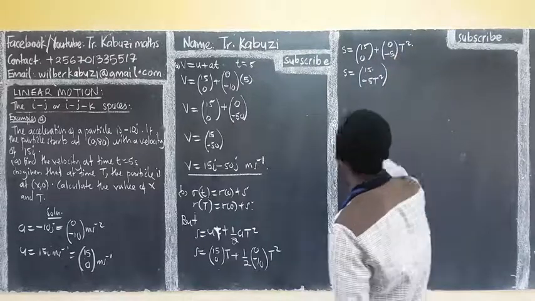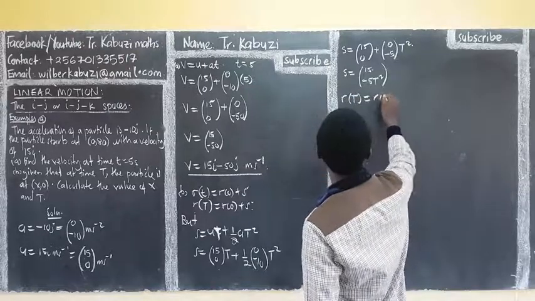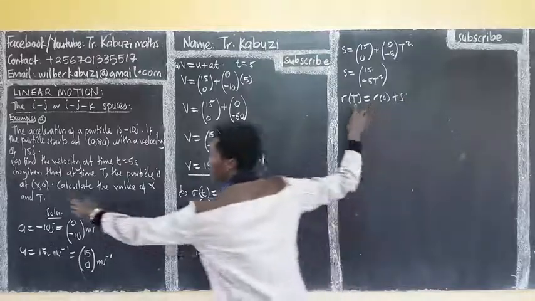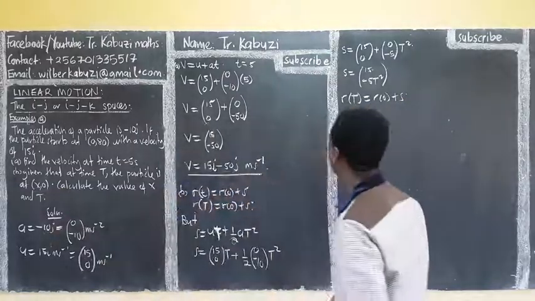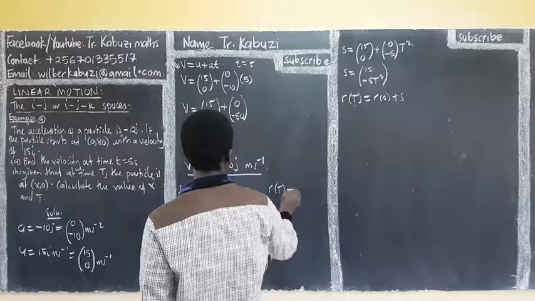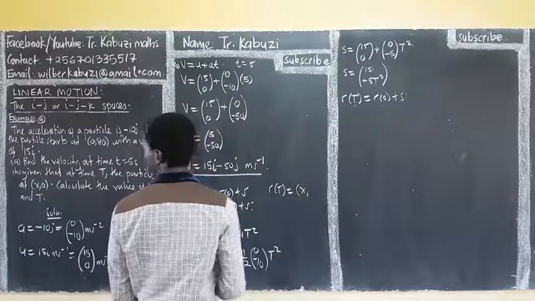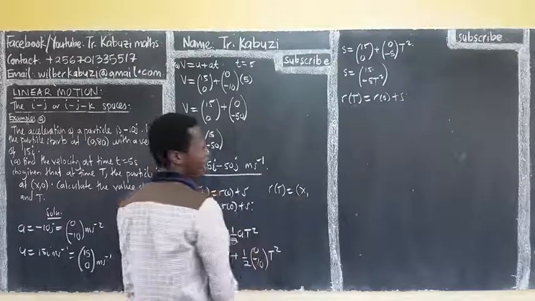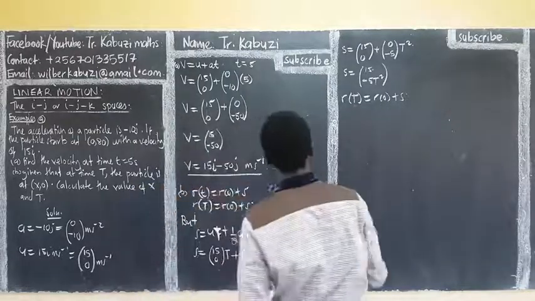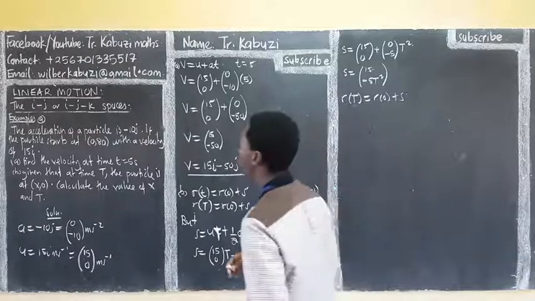So from there, my R capital T is going to be R0 plus S. At any time, they're telling me that it's going to be at this point. So my R at T at any time is going to be at x, comma, 0. Now in this one, they are giving us a point, so now I'm going to write them as a displacement, as a vector form. Now, what was our initial point?